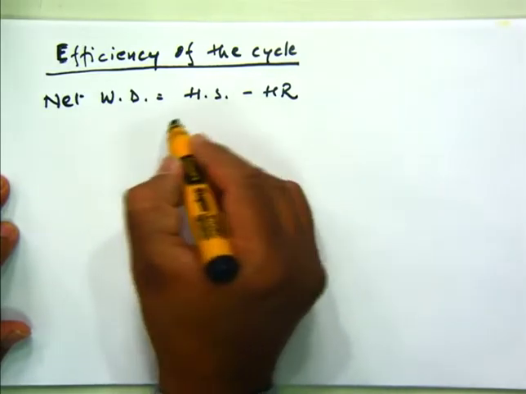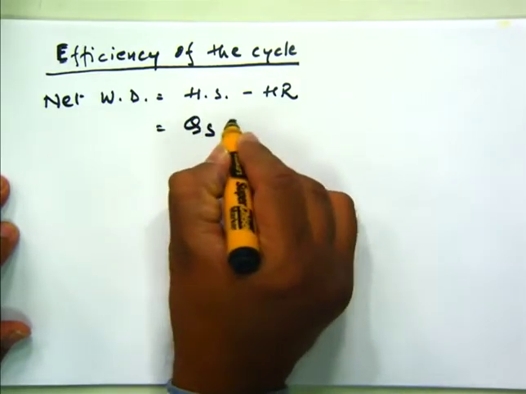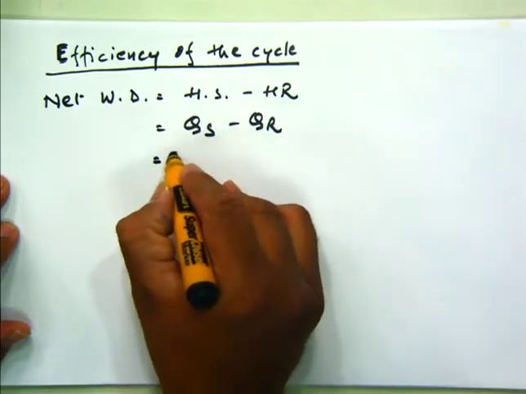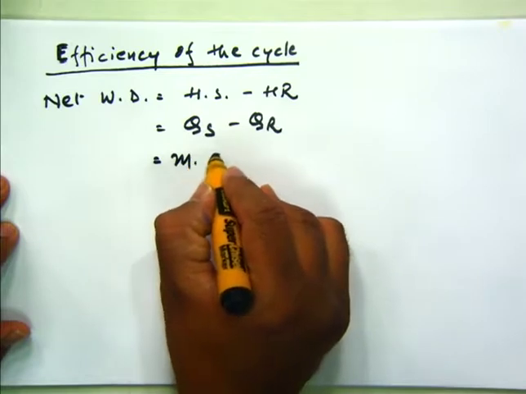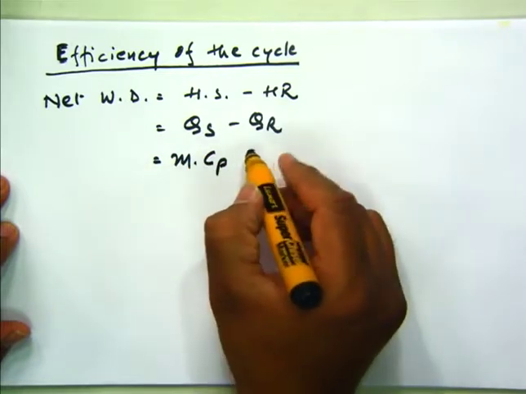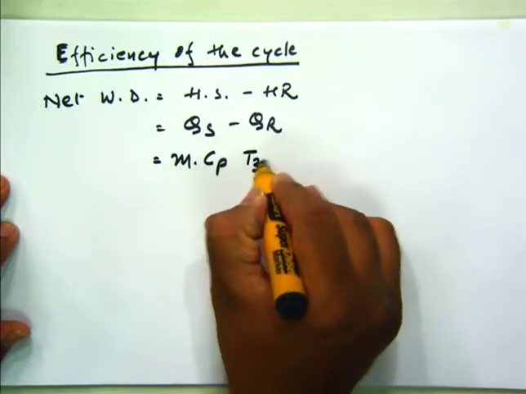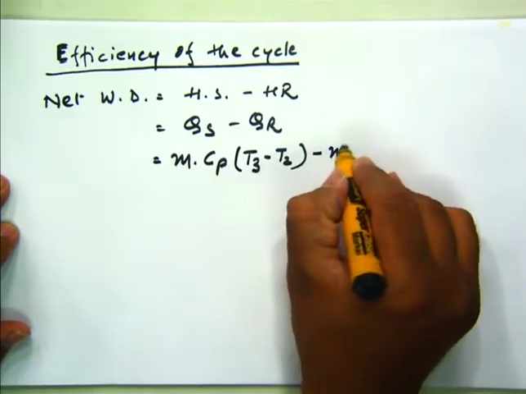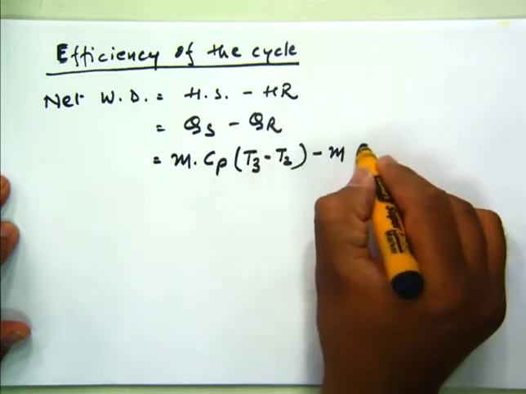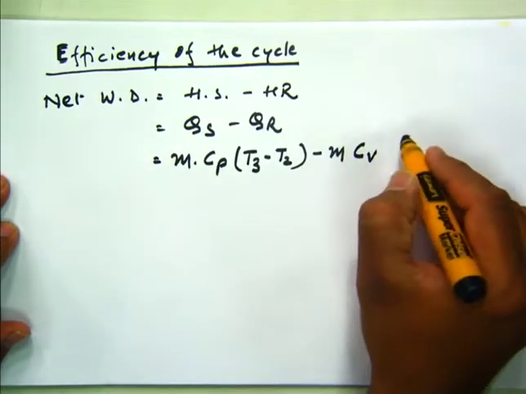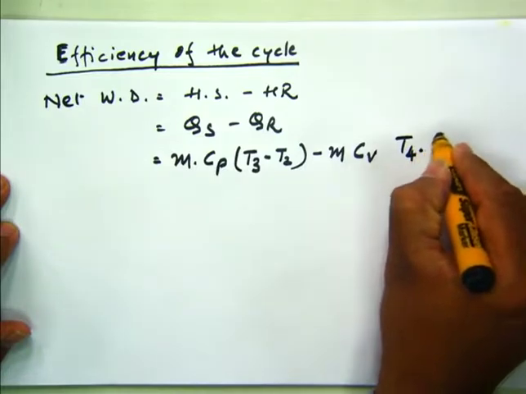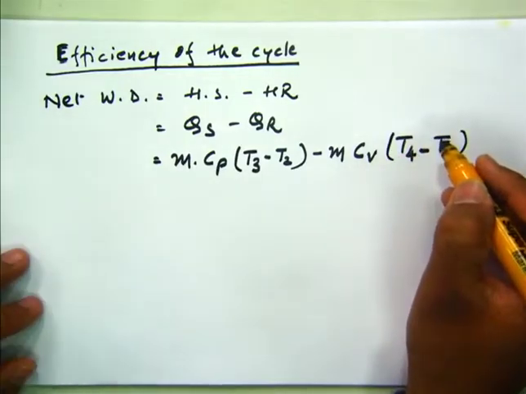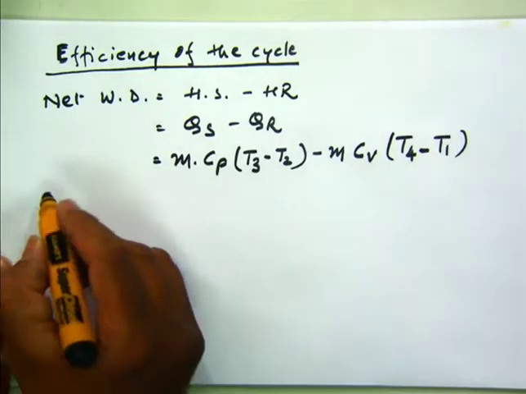So it is QS minus QR. This is equal to heat supplied at constant pressure, so we are taking M Cp (T3 minus T2), minus heat rejection at constant volume, so M Cv (T4 minus T1), right?